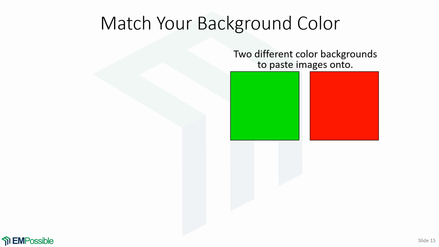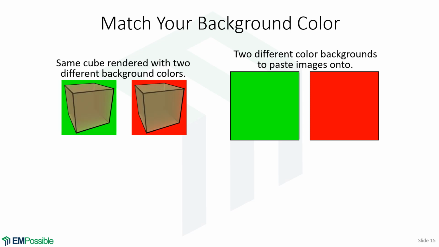So I'm going to render my cube, but with two different backgrounds, an ugly, bright RGB red and an ugly, bright RGB green that I would never actually use, but it's good for demonstration purposes here. I will use those as the background colors. So I create two of these translucent objects, but with either a green or a red background.